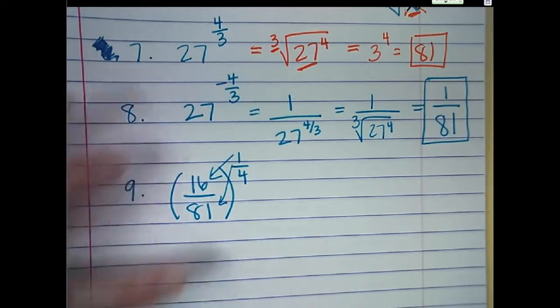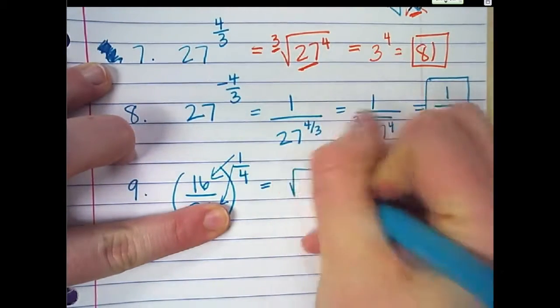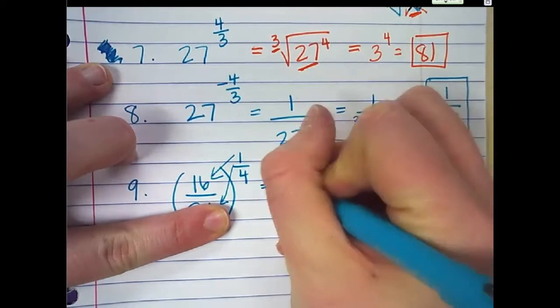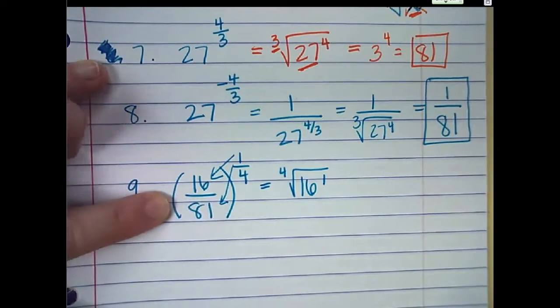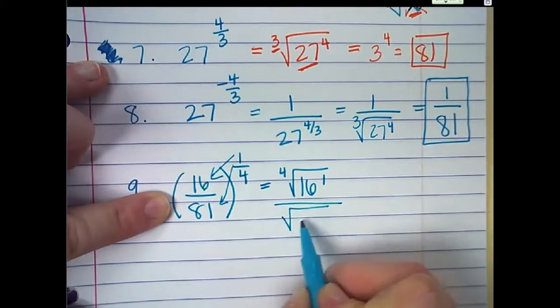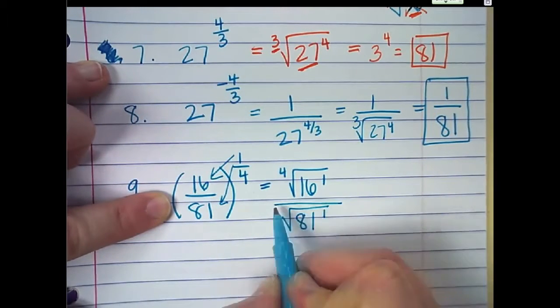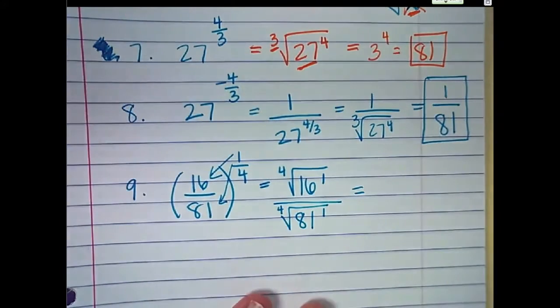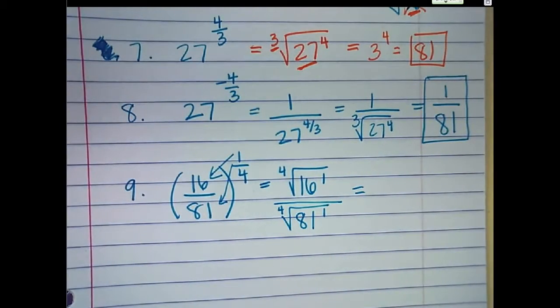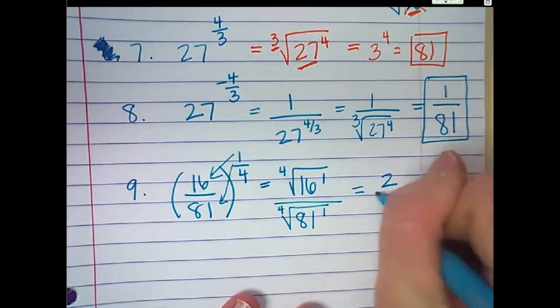If I didn't have the 81 here, and I just had 16, 1 is my power, 4 is my root. 2. Because I have the 81, I just also write the 81 on the bottom. 1 is my power, 4 is my root. So then 4th root of 16 is 2, 4th root of 81 is 3, so just 2 thirds.